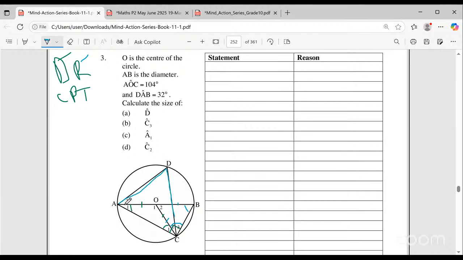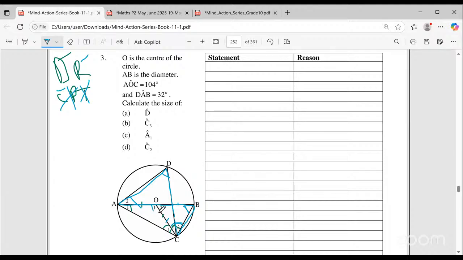Fine, we are done with the cyclic quad. Then P, there are no parallel lines. T, there is no tangent. Then we are also given AOC.